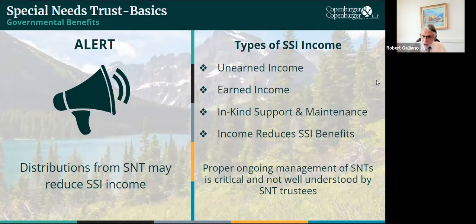I say clothing because several years ago, clothing was on the list that we could not do. That's gone away. So the point I'm trying to make is that the distribution of a special needs trust, supplemental needs trust, may reduce SSI income because we need to understand how to distribute the monies without reducing benefits.